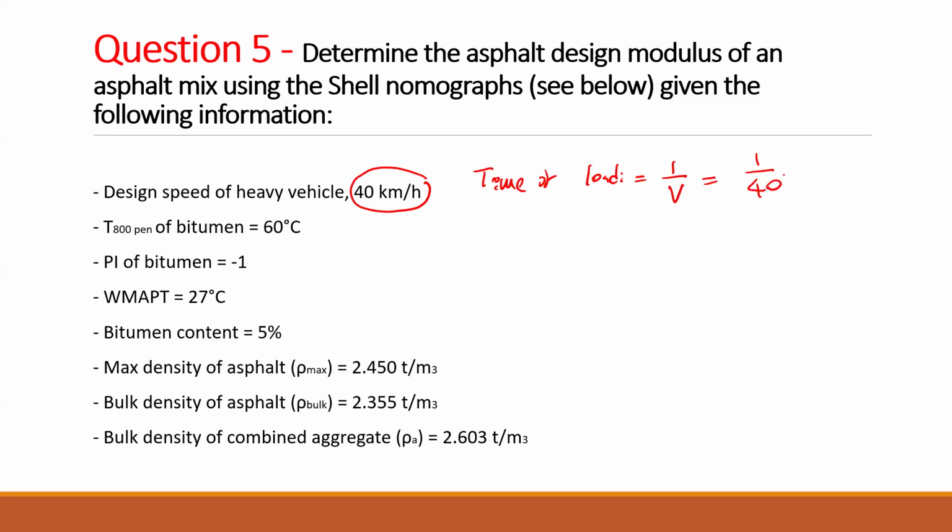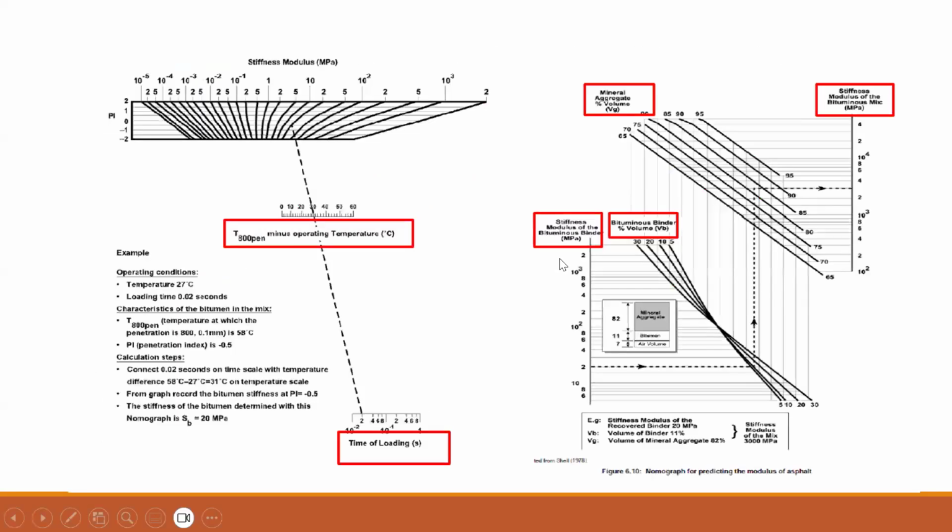Can you find this one, please? 0.025. Okay, so the temperature difference, we know that is 33 degrees. Penetration index is -1. Using these, can we find the modulus of the binder using the chart now? Let's find the modulus of the binder.